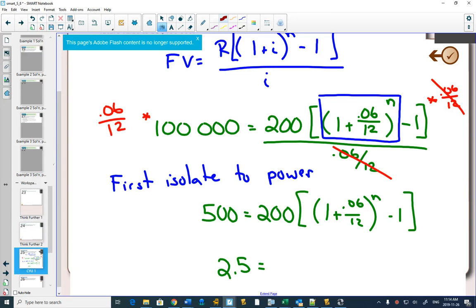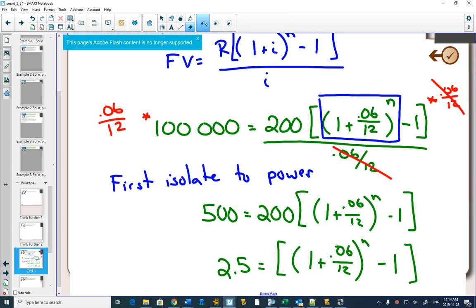And then on this side, I want you to notice that once I divide by 200, do I need the square brackets anymore? No. So I'm going to erase them.